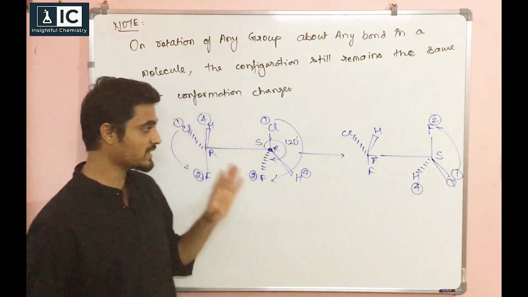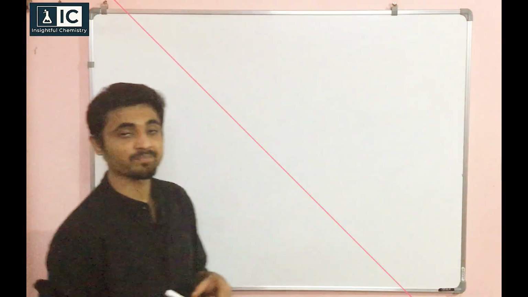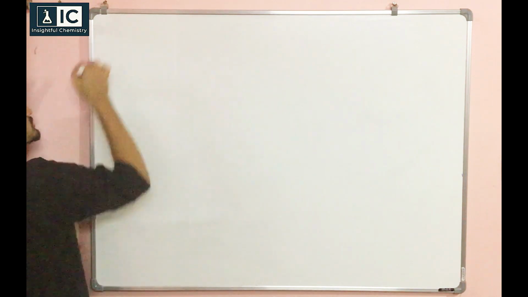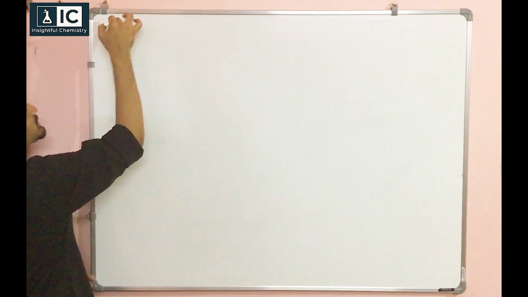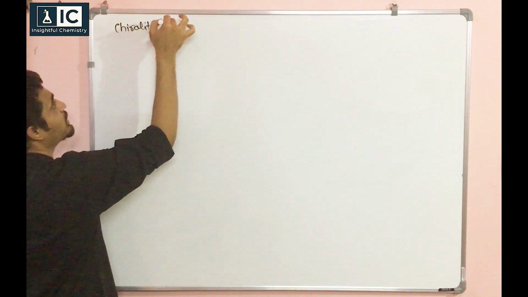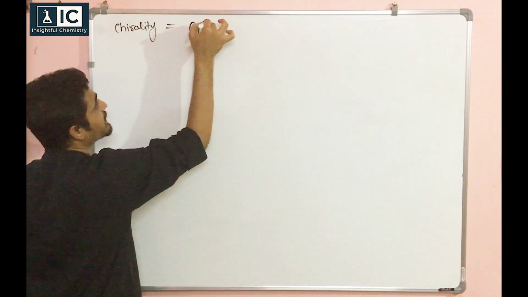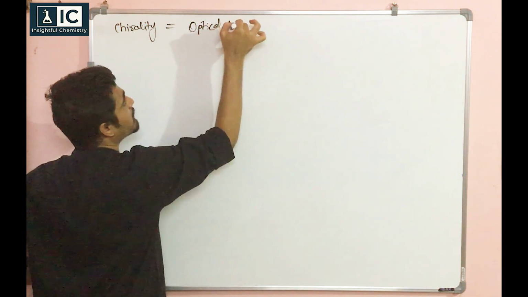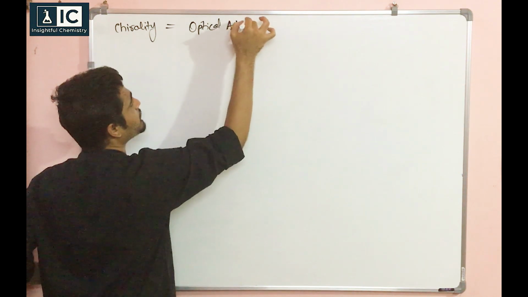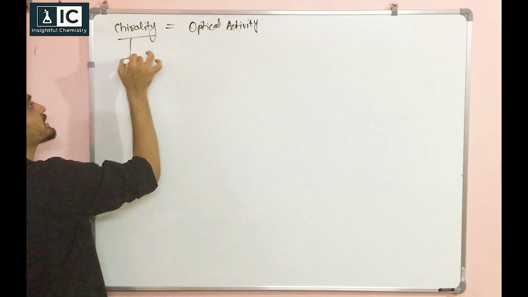Once we are done with this, let's go directly to POS. Let me revise a little bit. Symmetry elements: basically we are going to check what is called chirality, which is also the same as optical activity. Optical activity and chirality are the same thing. How do we check chirality?